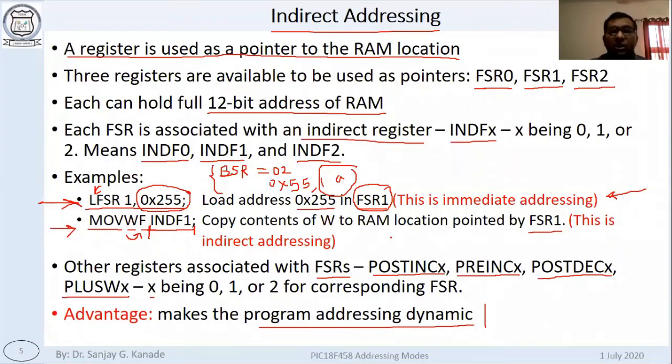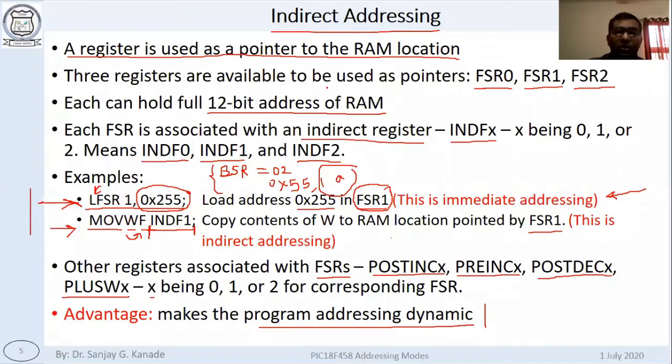Any doubt until this point? Here we have seen the full example of this already, right? And the point of discussing this in this lecture is that we are talking about the indirect addressing mode, how the addressing is done.